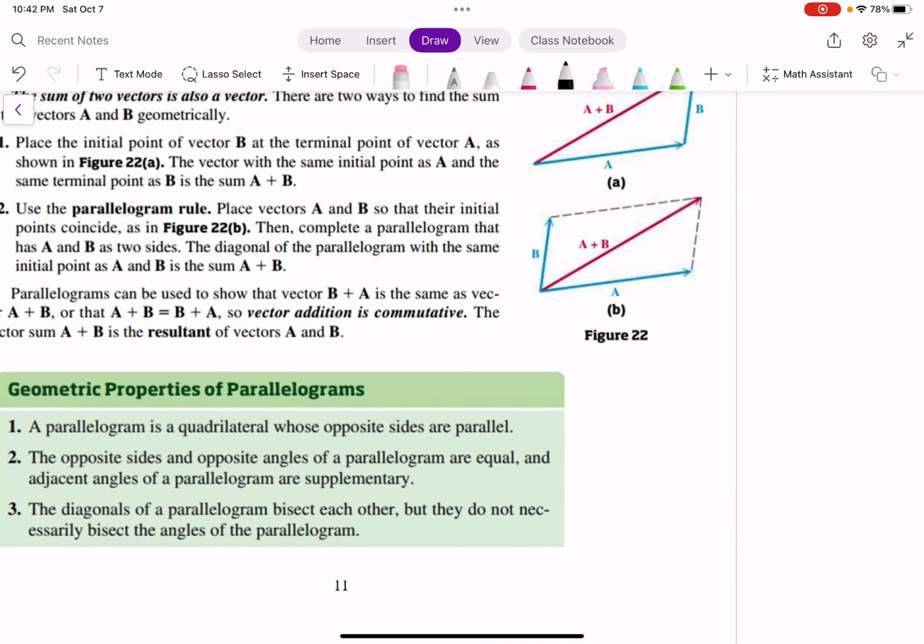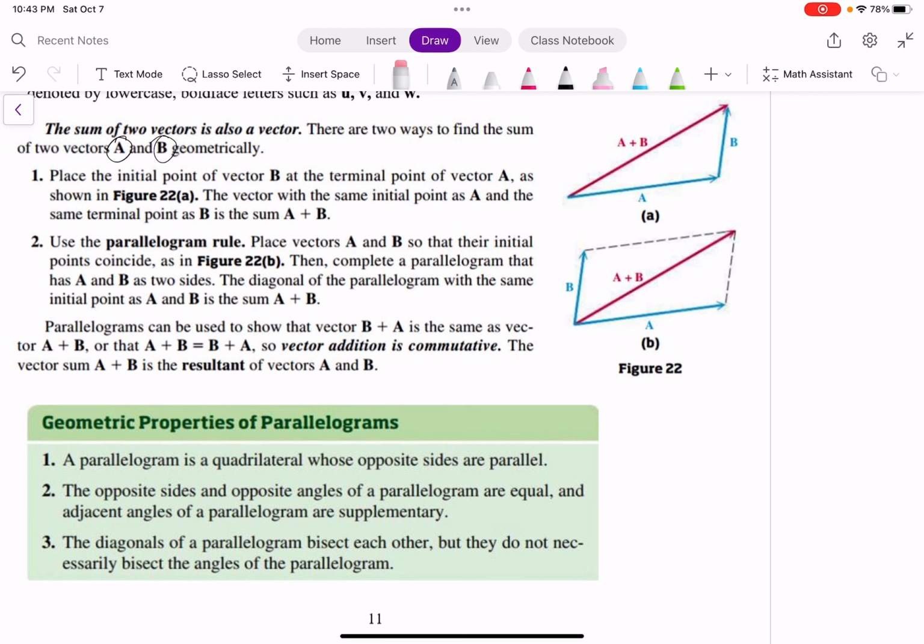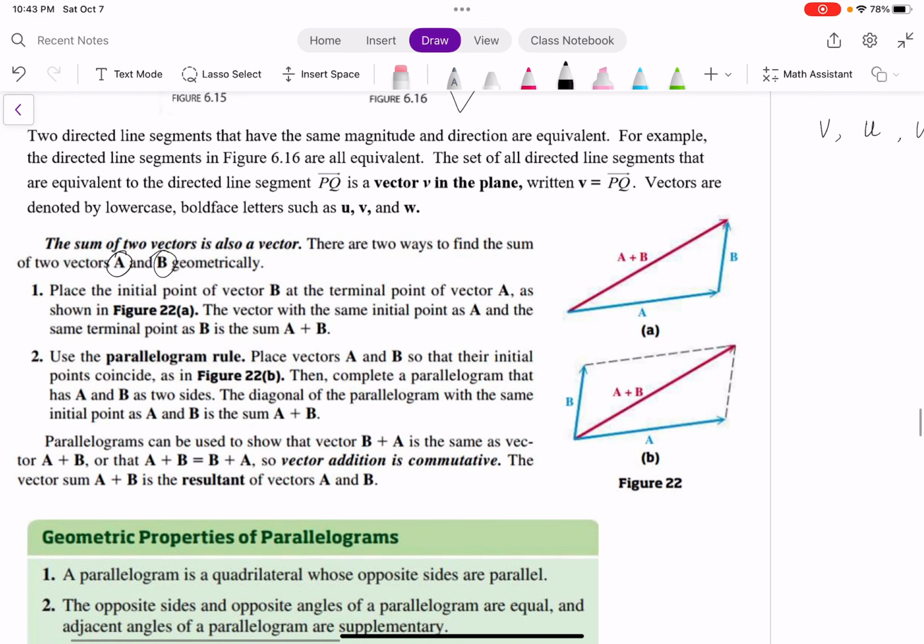So place the initial point of the vector B at the terminal point of the vector A. So look at this. If I have two vectors, A is here and B is here, I will move the B here. So we'll make the head of the A point to the tail of the B. You see, head to tail.